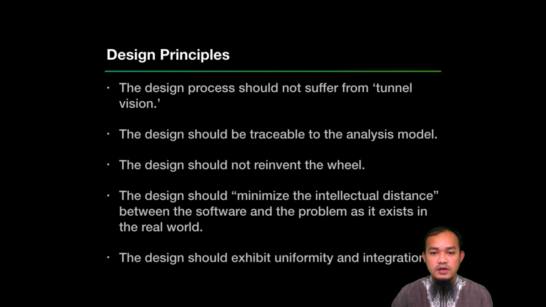So it should minimize the intellectual distance between software, from requirement to development. This is the main point of the design. The design should exhibit uniformity and integration. It should implement some kind of integration from one component to another component.